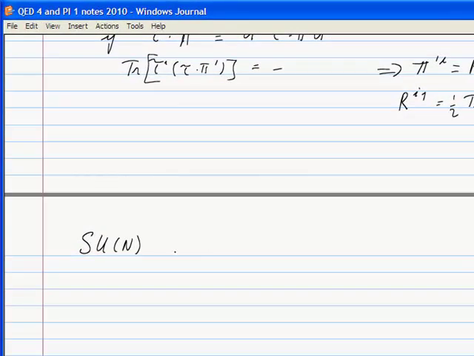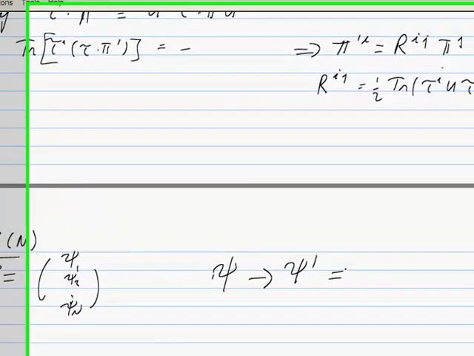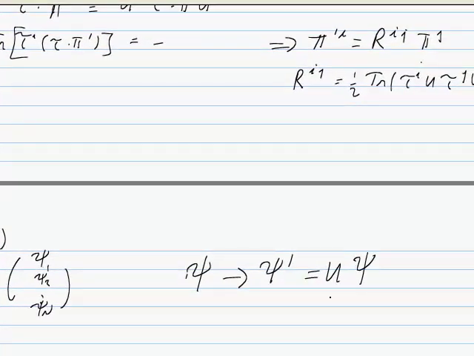I take psi to be psi 1, psi 2, down to psi N, an N-component object, and the invariance is psi goes to U psi again.